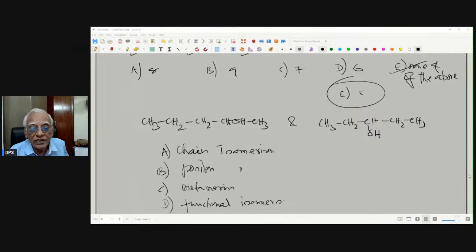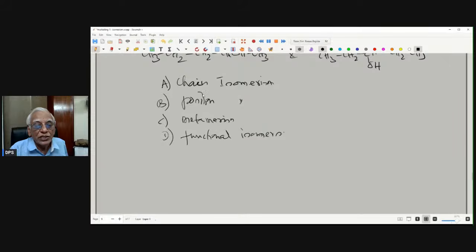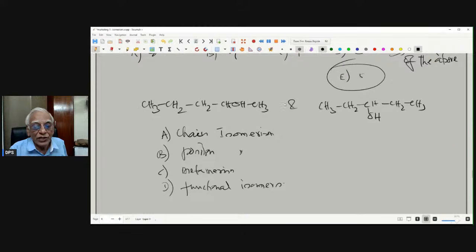They are not chain isomers. Please listen. They belong to position isomers. Same carbon chain, straight chain carbon. The position of the functional group is on the second carbon atom, pentan-2-ol, pentan-3-ol. So they are examples of position isomers. Okay, is that clear to you?